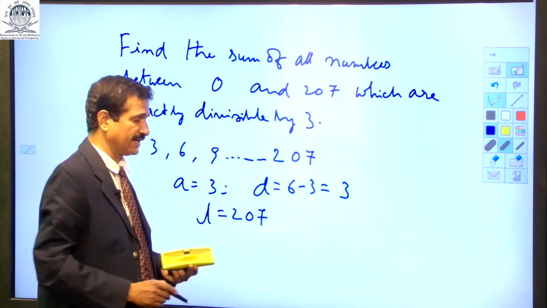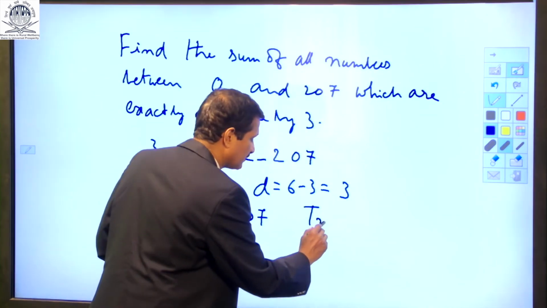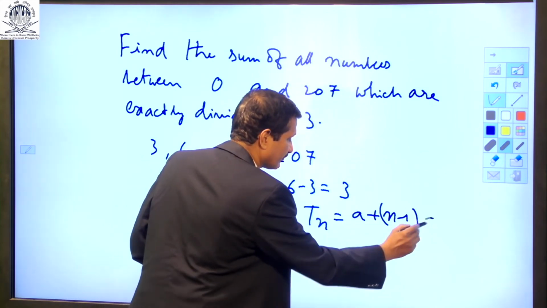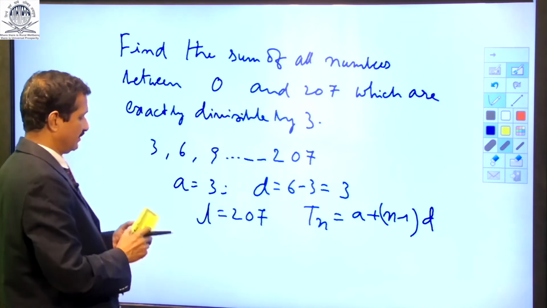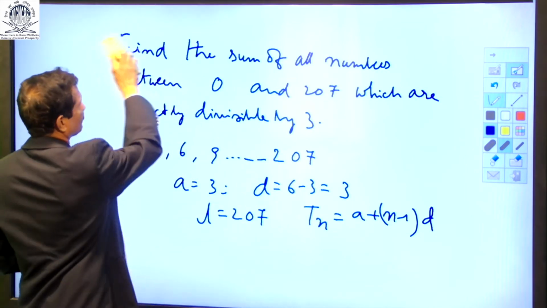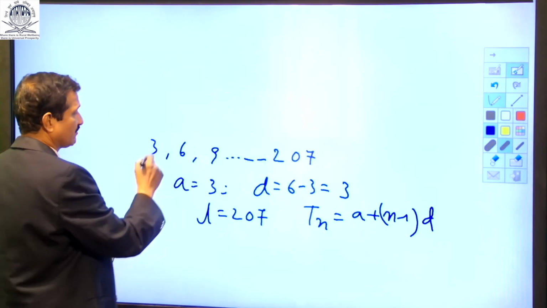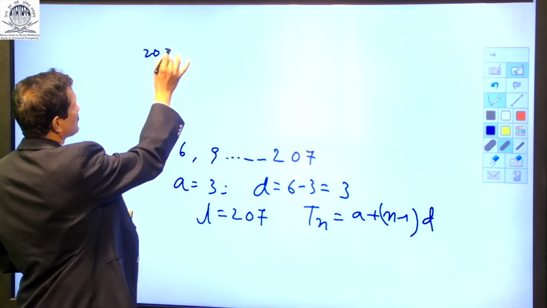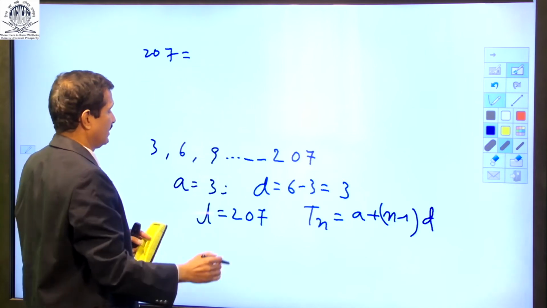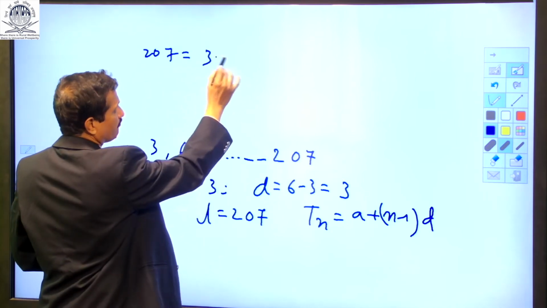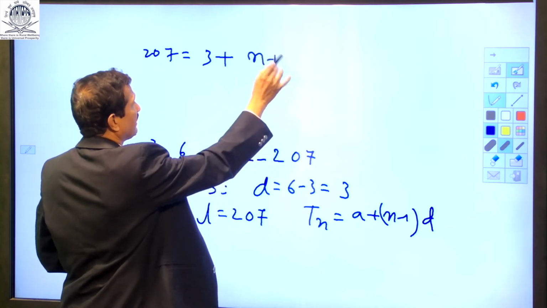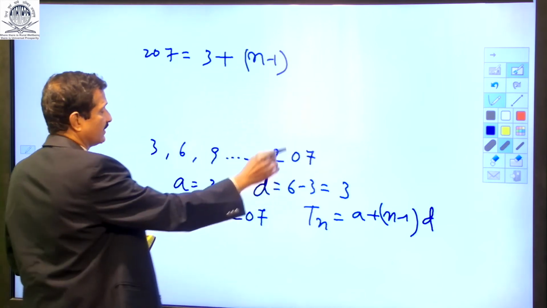We know the formula for Tn. Tn is equal to A plus n minus 1 into D. Now, let us find the value of n using this formula. I will substitute the values. Here L or Tn is the same, which is 207, is equal to A is 3 plus n minus 1, where n is not known to us, that is what we are going to find, and D is again 3 in this case.